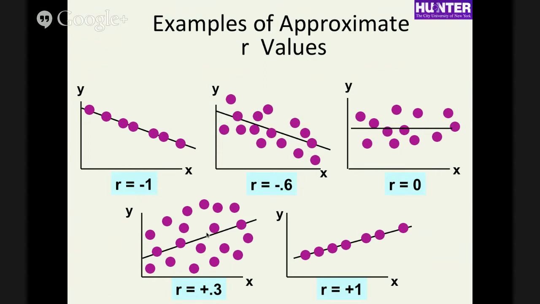One is the strength of the association. If your R is closer to 0, then it's harder to detect that association compared to when the true association, the population value rho, is close to 1. But it depends on your sample size.